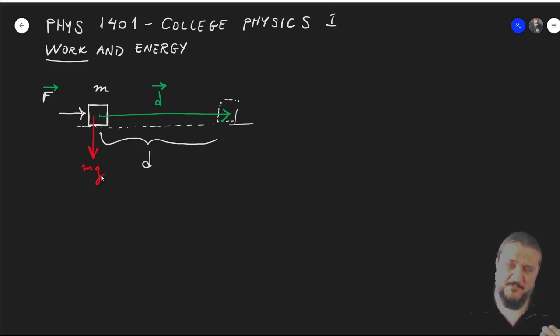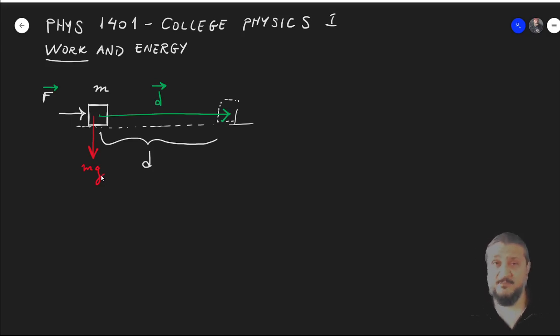So it depends on how you apply the force. If the force is applied along the direction of motion, that's when you get the most work. Most work is done when you push in parallel with the displacement vector. And it's the worst if you're pushing the other way, like your friend who was pushing the other way. So that could be negative.